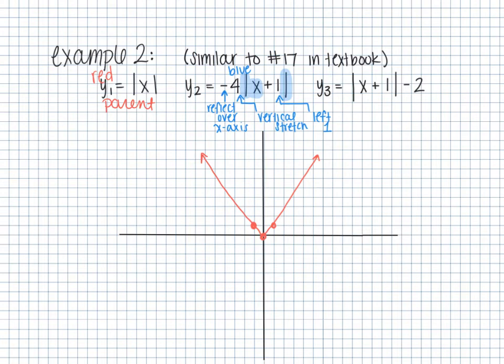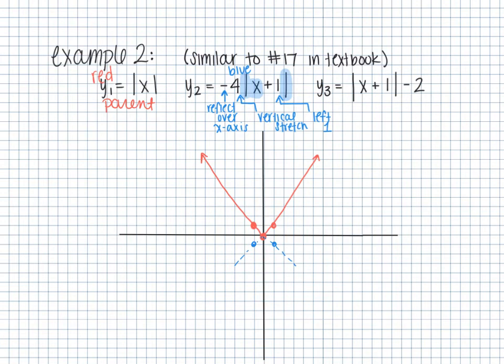Okay, so which points? Well, it's the points that are on the parent function, or the points that are on red. So I'm going to reflect it, so that means all of these points are going to reflect over the x-axis. So this point is going to come down, this point's going to come down. That middle point, the origin, is not going to change because I'm reflecting over this. So here's my reflection.